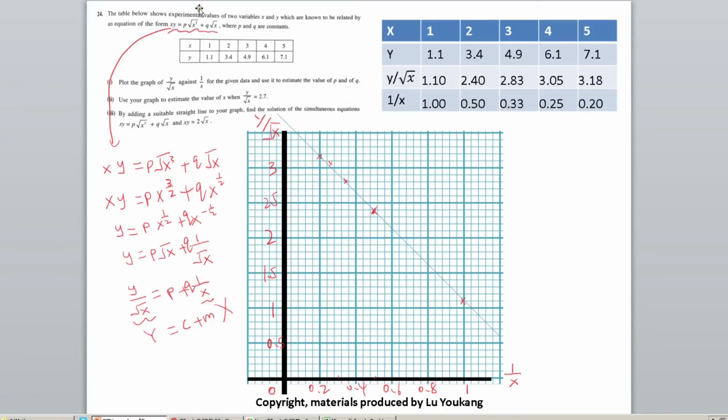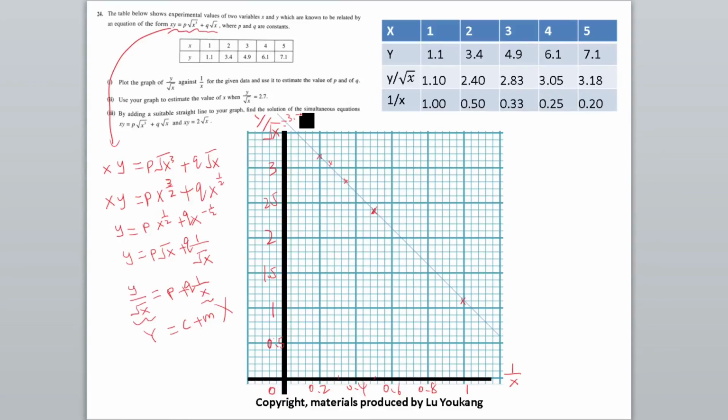So I have already plotted the graph of y over square root x against 1 over x, and we are asked to estimate the values of p and q. Now it should be easy, right? Let me count what our y-intercept is.